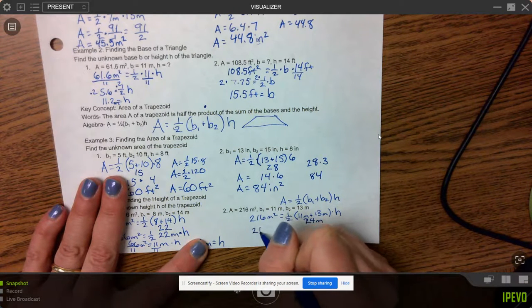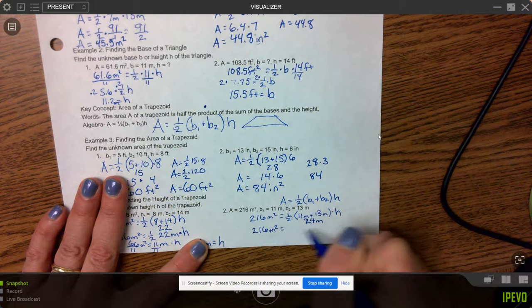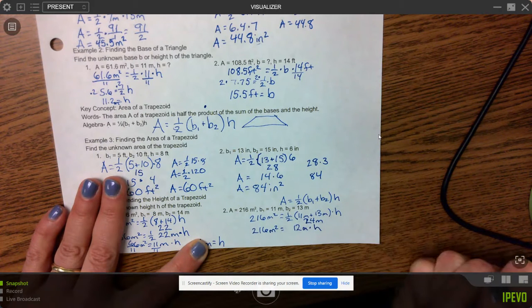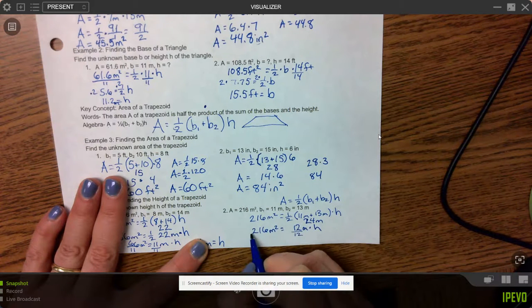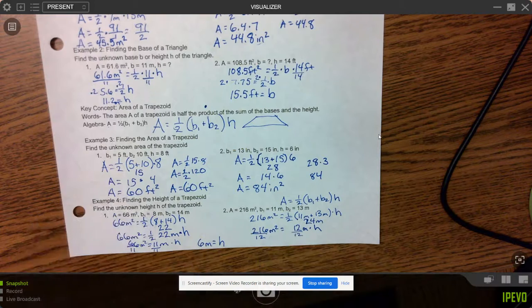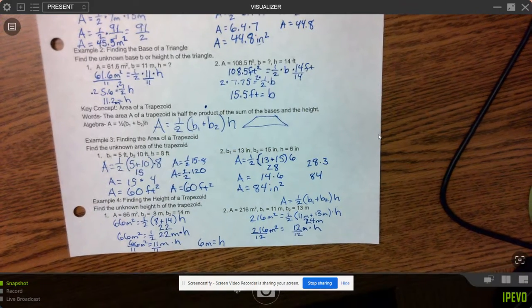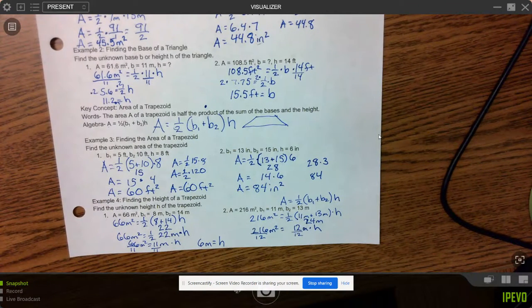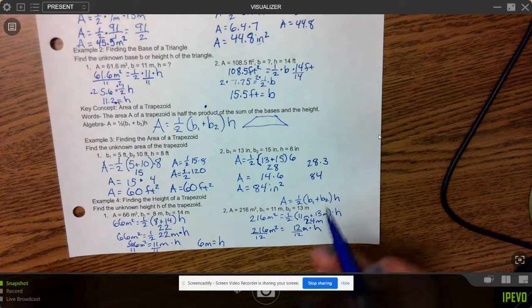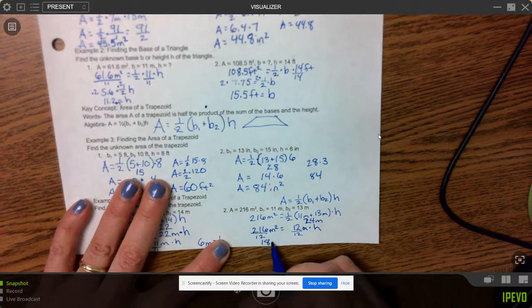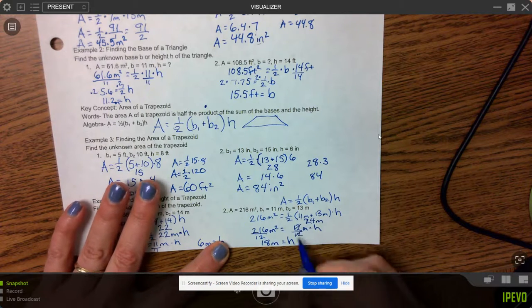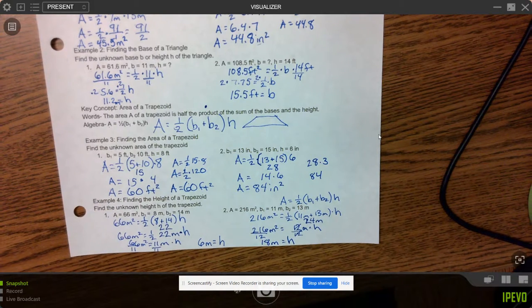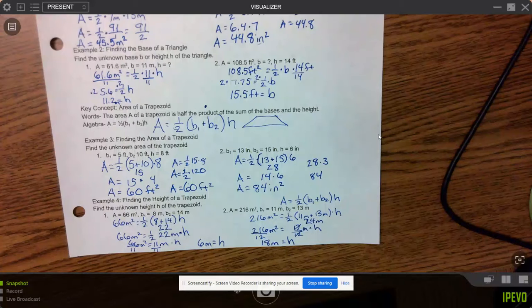So I could say 216 meters squared equals 12 meters times the height. And now because I'm multiplying by 12, I want to divide by 12. So 216 divided by 12, I get 18 meters. And h is by itself because I divided the 12 by 12, so I have that 1.